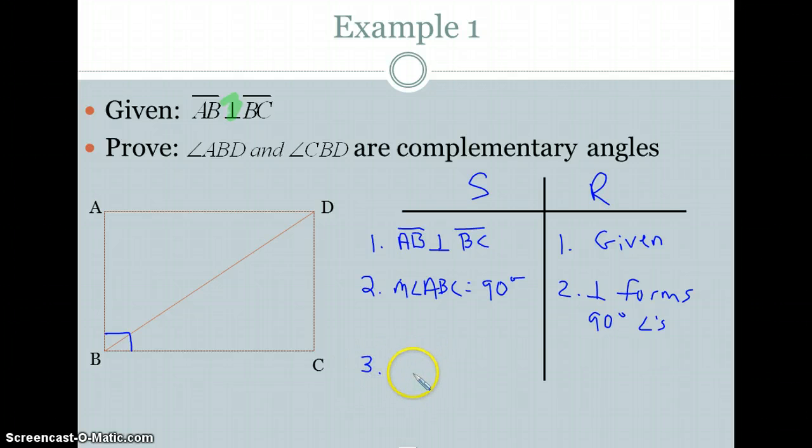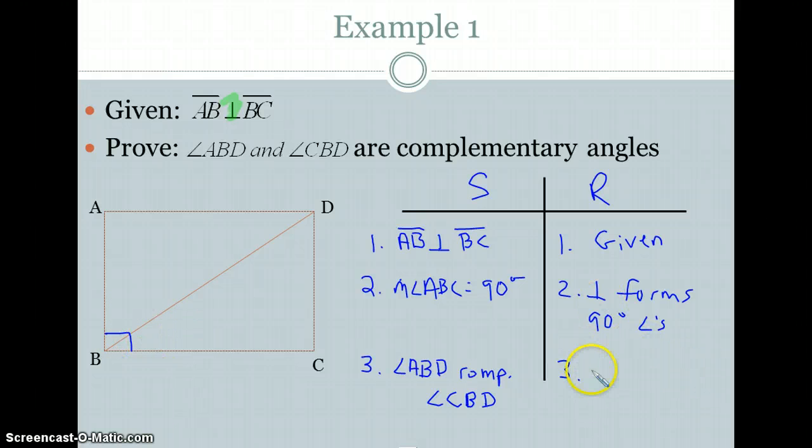From there, we know that angle ABD is complementary to angle CBD. And you'll notice when I wrote complementary, I abbreviated it COMP. You want to use that abbreviation as we go through. The reason I know they're complementary is that if I take angle ABD and angle CBD together, they give me one larger angle, which is 90 degrees, which is my right angle.